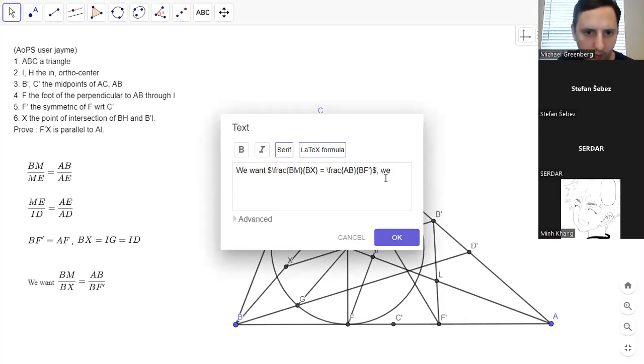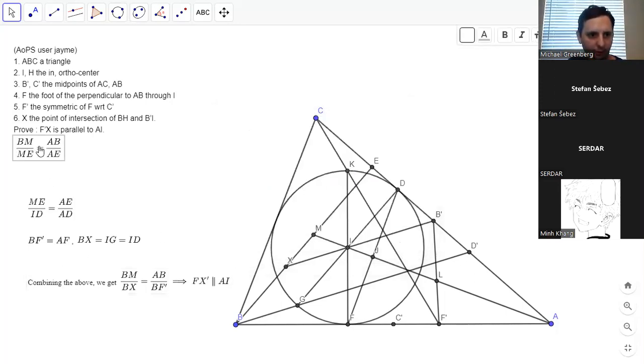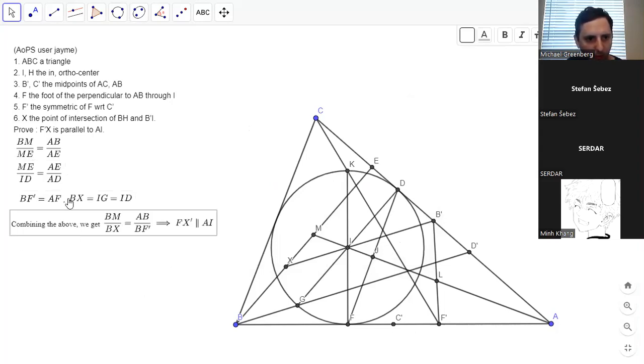I'll say so combining the above, we get that, which implies FX prime is parallel to AI. Okay. And then I'm going to write Serdar's solution. So where did I use that BF prime is?